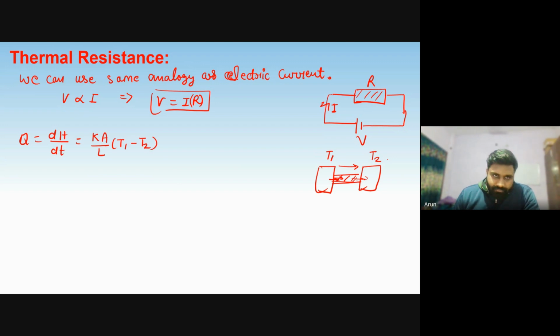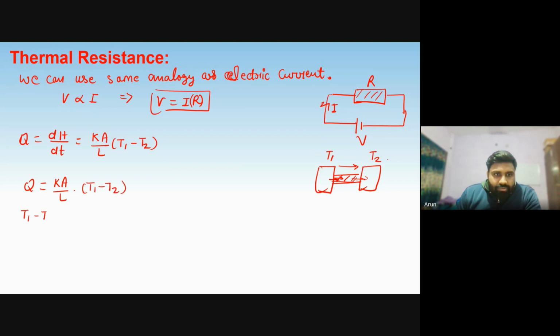Okay. So if I arrange this system in the form of V equals IR, what will I get? Q is equal to KA upon L (T1 minus T2).